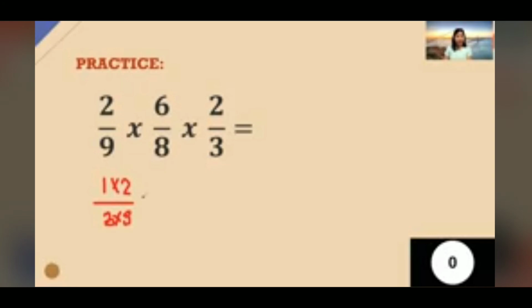The prime factors of 6 are 2 times 3. What are the prime factors of 8? Yes. 2 times 2 is 4 times 2 will get 8. And then for our last fraction, we have 2/3. So 1 times 2 and 1 times 3.